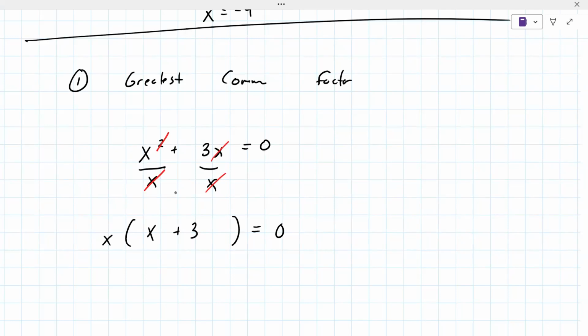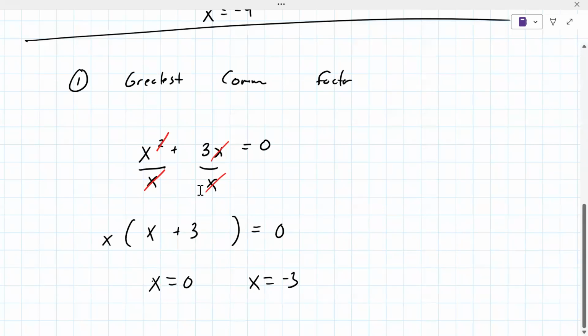Okay, so could you solve that for us, please, from there? I got x equals 0 and x equals -3.